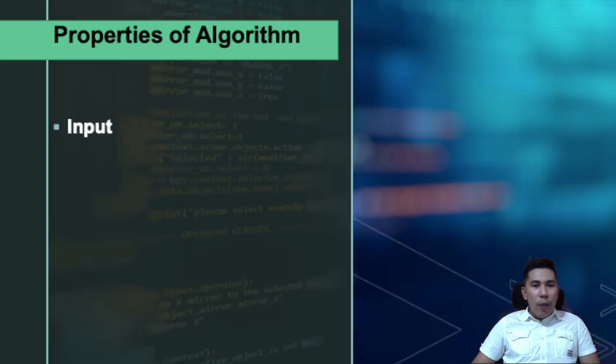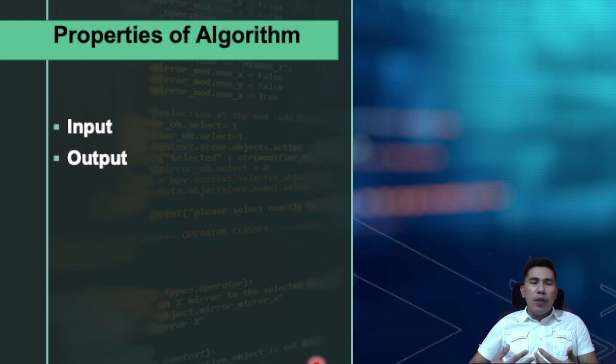Okay. Now, what are the properties of an algorithm? Let's start with the first one, which is input. Input means there should be zero or more inputs supplied externally to the algorithm. Normally it's data. Okay. Output. What do we mean by output?